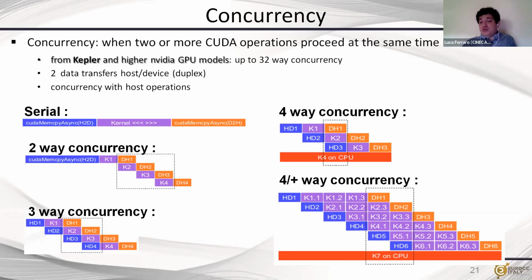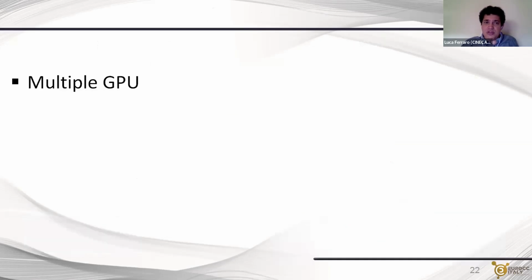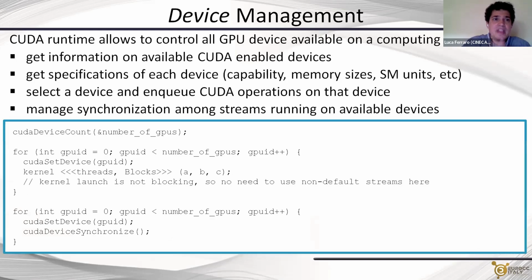Okay, we can also do better because all these concepts apply to one GPU. But if you have more than one GPU device on your node, you can also distribute this work on multiple GPUs. The CUDA runtime allows you to control all GPU devices available on a computing node.